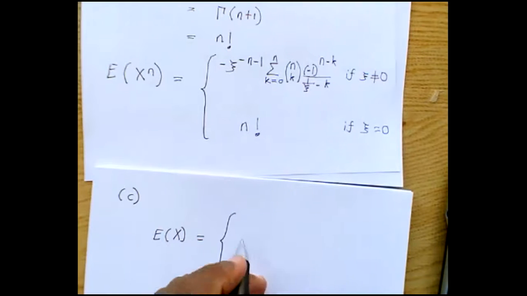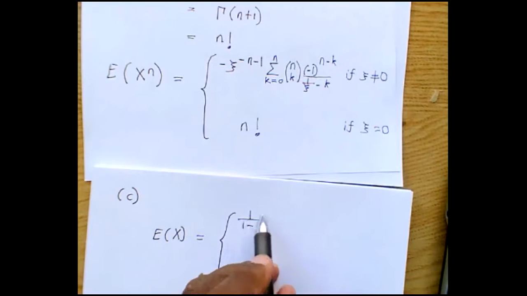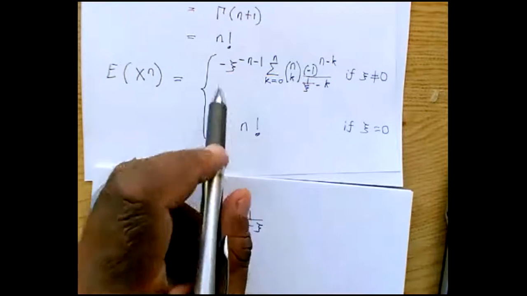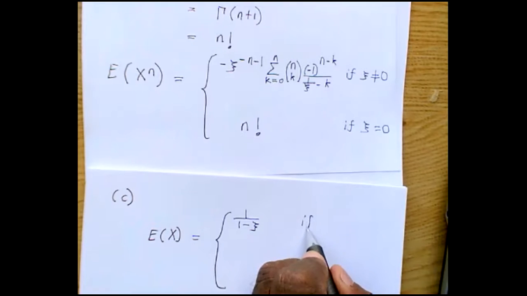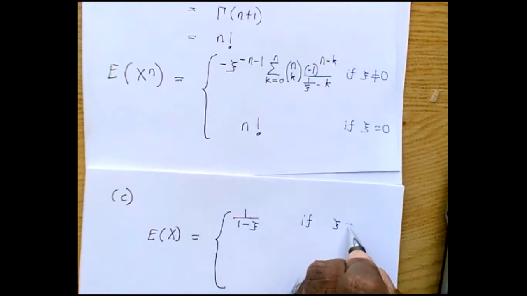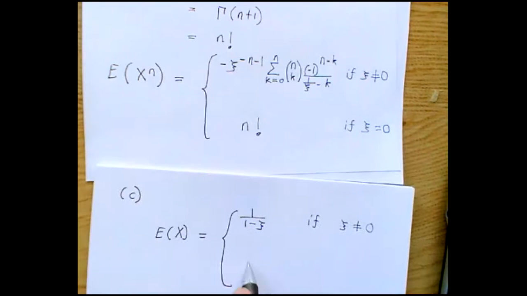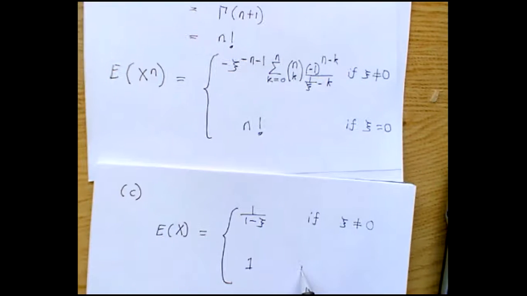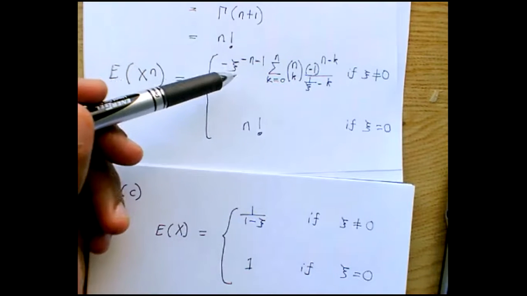I'm not 100% sure, but I think this is what you will get. Correct me if I may be wrong, but just check my answer. You should put n equal to 1. I think this is what you will get. You may want to check it. And if you put n equal to 1 here, you will get clearly this is equal to 1.